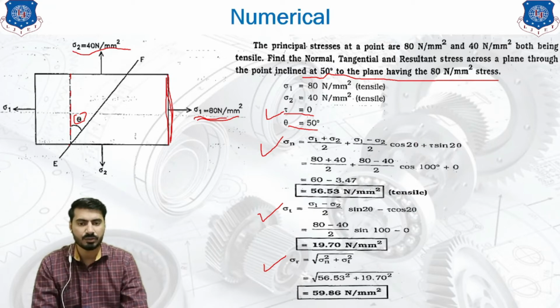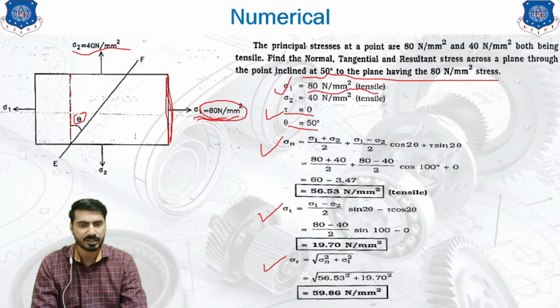We have the values of sigma 1 and sigma 2, but first we need to check our sign convention. So which sign convention are we going to use? First of all, we are going to consider the bigger value as sigma 1. So this is our bigger value, 80, that we have considered as sigma 1. Always we will keep it as positive.